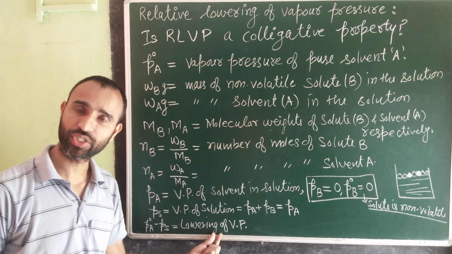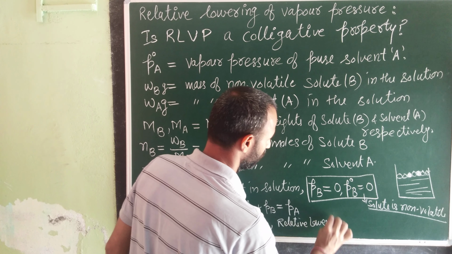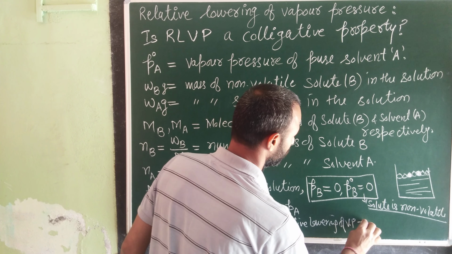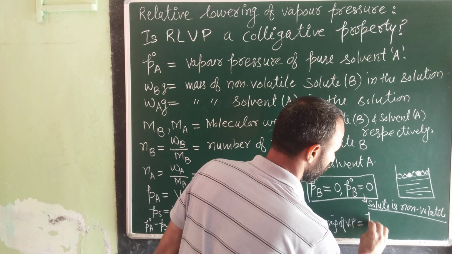So relative lowering of vapor pressure is equal to P naught A minus PS over P naught A. This is relative lowering of vapor pressure. Lowering of vapor pressure is divided by vapor pressure of the pure solvent. So it becomes relative lowering of vapor pressure.